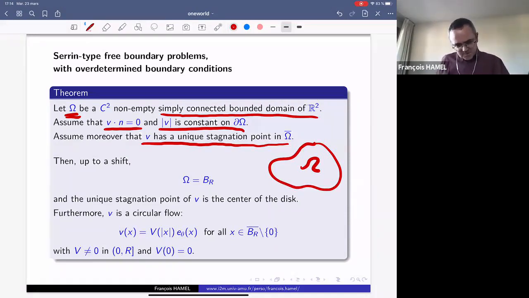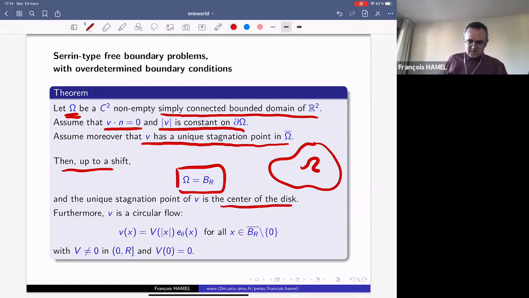Then up to shift, the domain is the disk of radius r centered at the origin, and the unique stagnation point of V is the center of the disk, which is the origin up to shift. And furthermore, V is a circular flow. So this is a Serrin type result because the domain is not given, but we have overdetermined boundary conditions for the stream function.